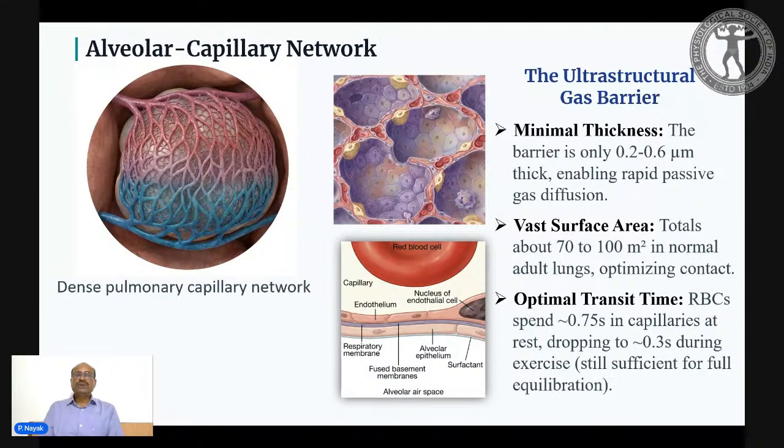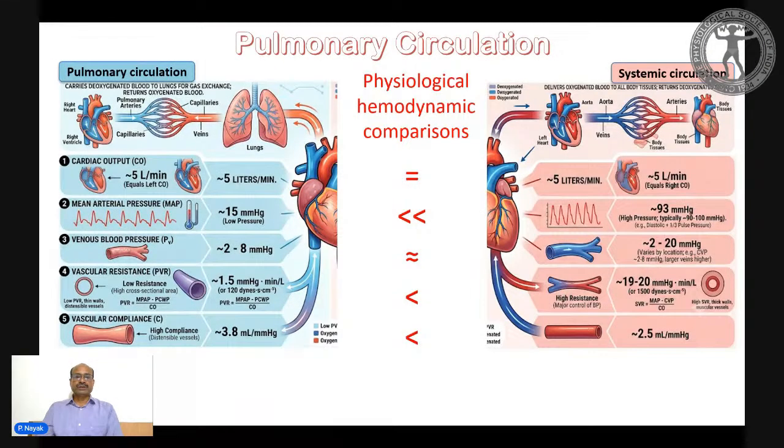However, it is worth noting here that 0.3 second is sufficient for the RBCs to load their hemoglobin fully, 100% with oxygen. So the transit time is perfectly matched as required.